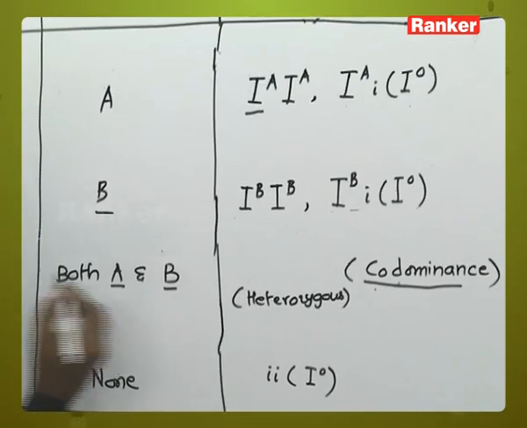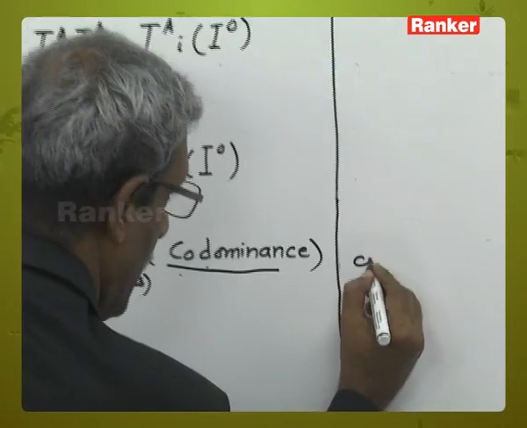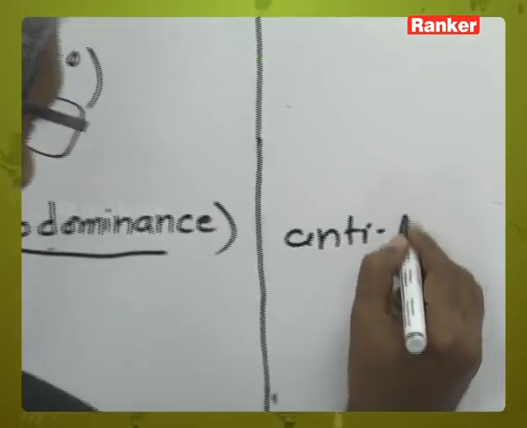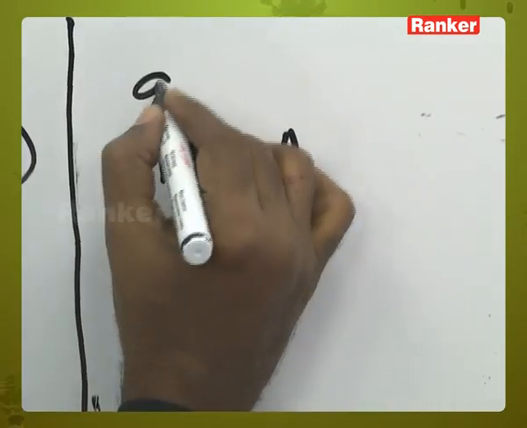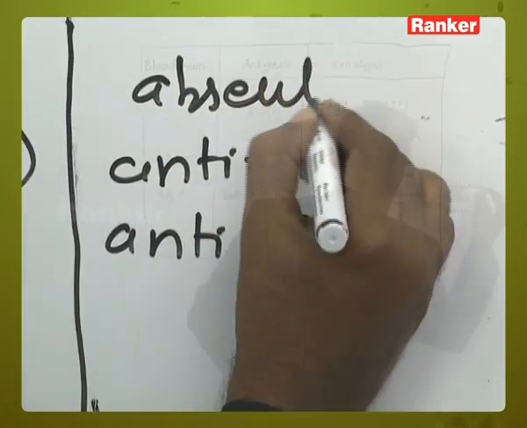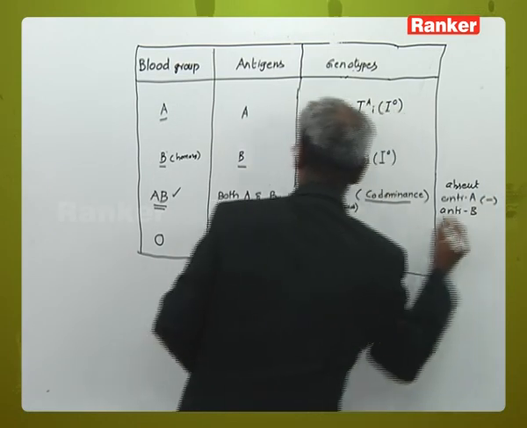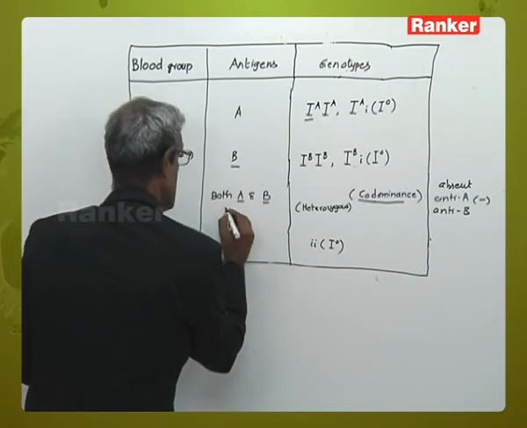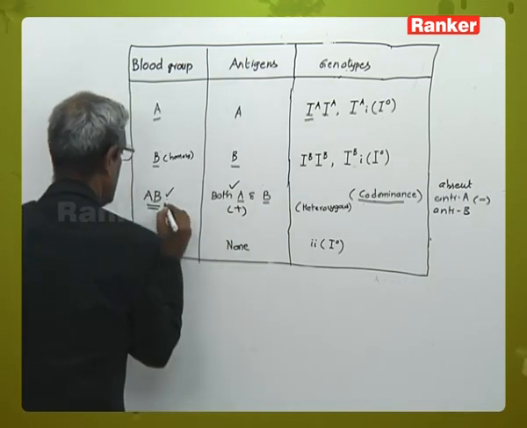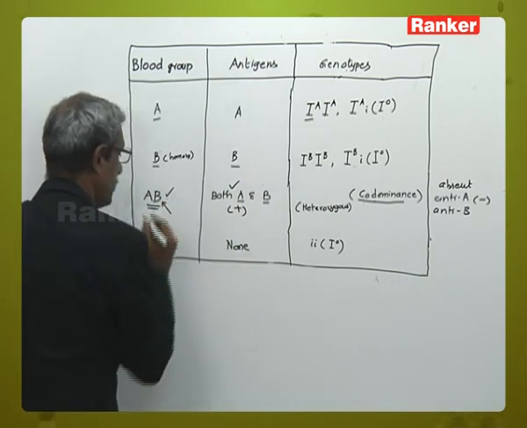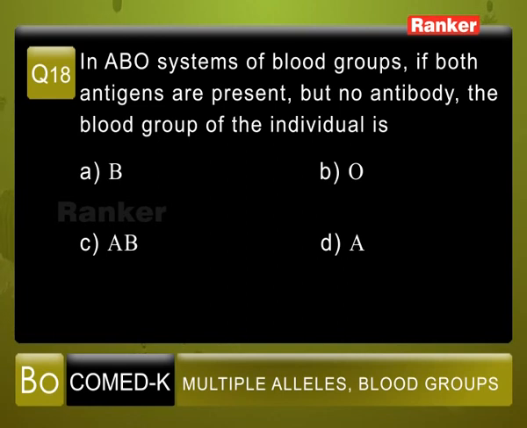You do not have antibody A and also antibody B; both are absent, whereas both the antigens are present. Thereby, this is seen especially in the case of blood group AB. Hence, the answer to question number 18 is AB, that is choice C.